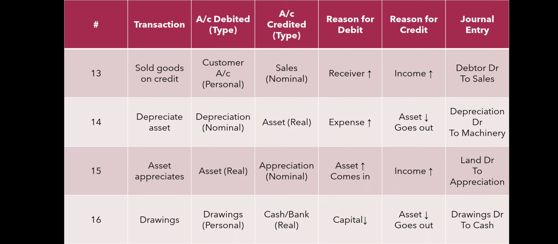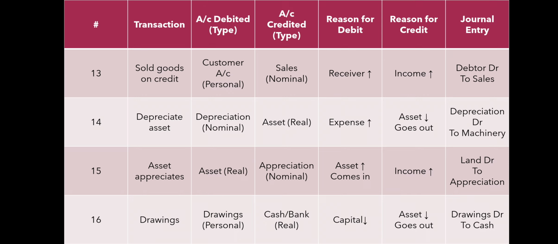Land is the one and only asset that appreciates. So here the value increases, therefore asset is coming in the business, so it will be debited. And appreciation, that is your income, it will be credited. Why? Because it's a nominal account. So land account will be debited to appreciation account.